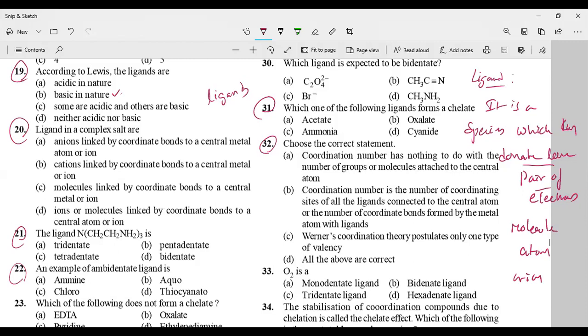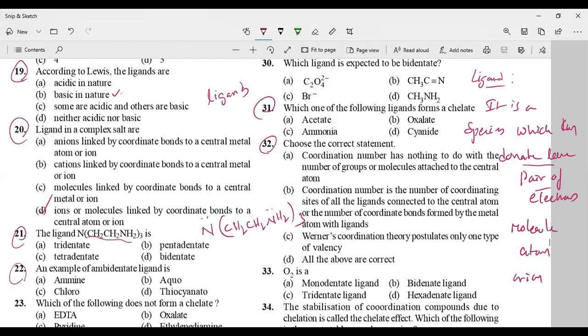Next, here they have given this ligand. Which type of ligand does it come under? This ligand is tris ethane diamine. Here you can see a pair of electrons on the nitrogen, and here also a pair of electrons on the nitrogen.